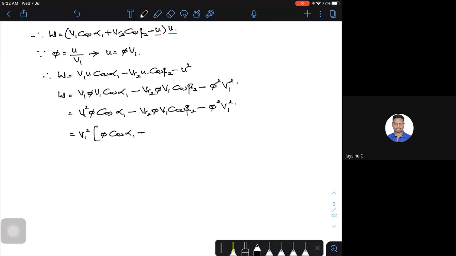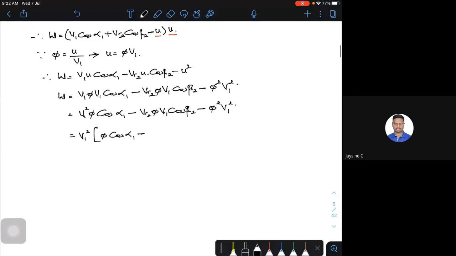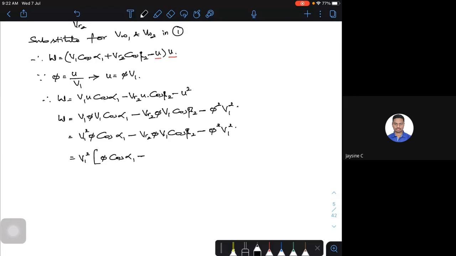The sign will be plus, because minus of minus is plus. So plus VR2 into phi divided by V1 into cos beta 2 minus phi square. This is what I am going to get.